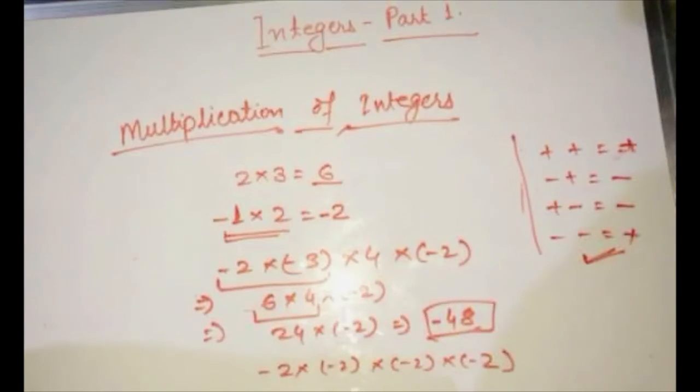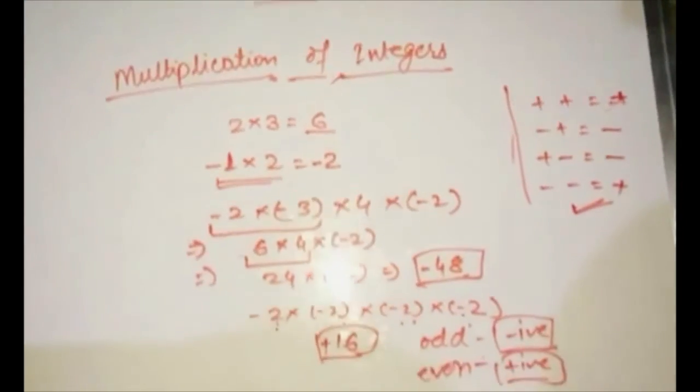Just count whether the number of factors is odd or even. 1, 2, 3, 4, it's even. So directly multiply 2 by 2 by 2 by 2, which is 16, and because it's even, the plus sign will come. If it's odd, then the negative sign comes with the result. And if it's even, then the positive sign comes with the result. As simple as that.